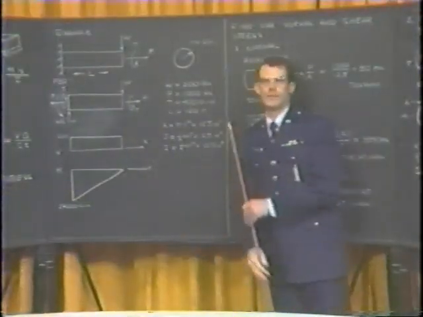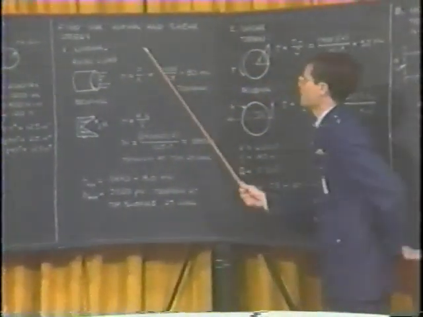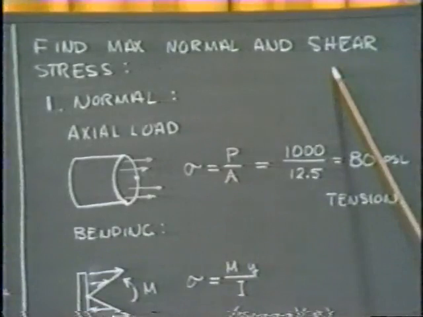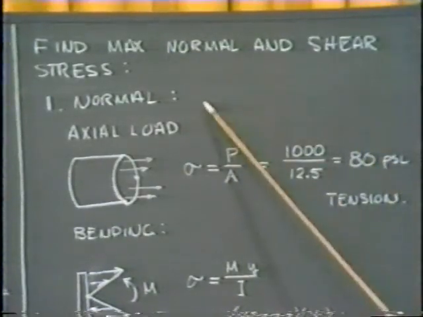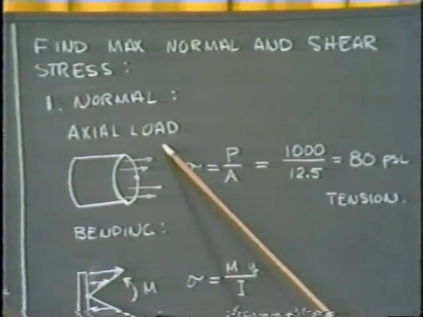Let's use this knowledge and go ahead and continue with our example. We're told to find the maximum normal and the maximum shear stress throughout this beam. Let's take care of the normal first. Axial load, that's the easiest to take care of.